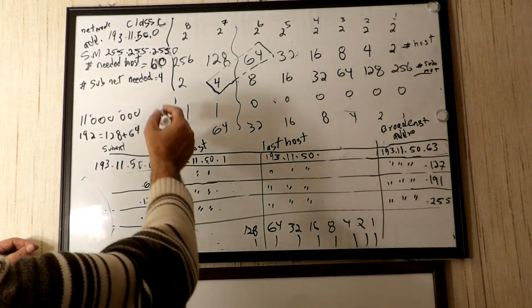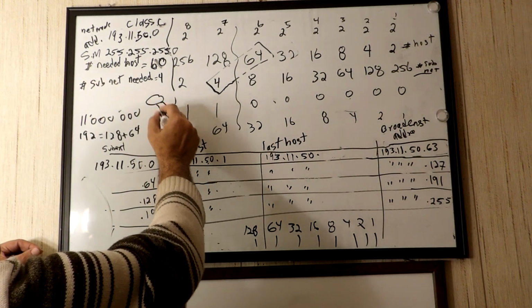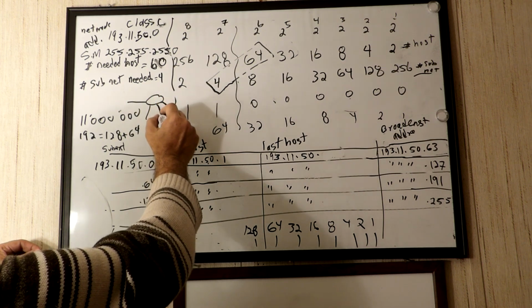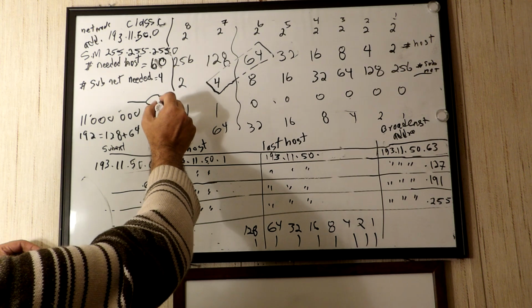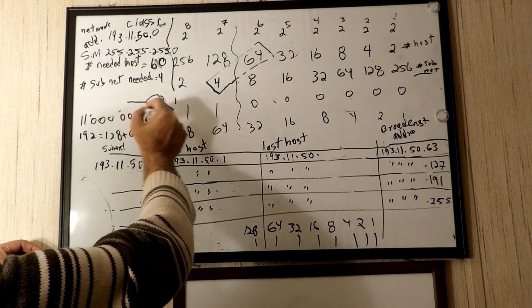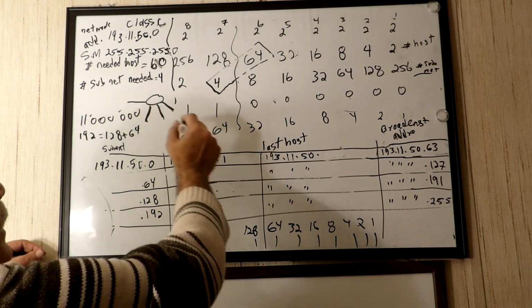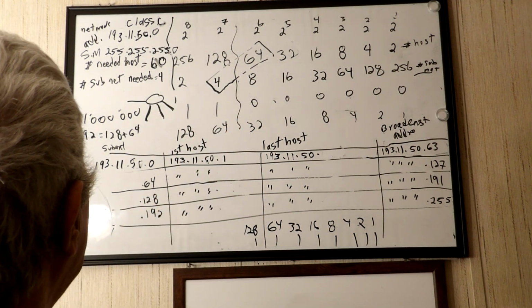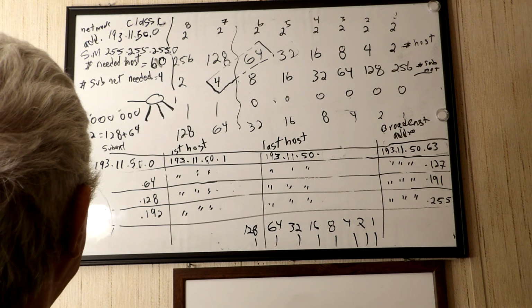It means that there is a router here and there are 4 interfaces. These are the networks. You want 4 of them, all connected to a switch and computers, laptops, or other devices.